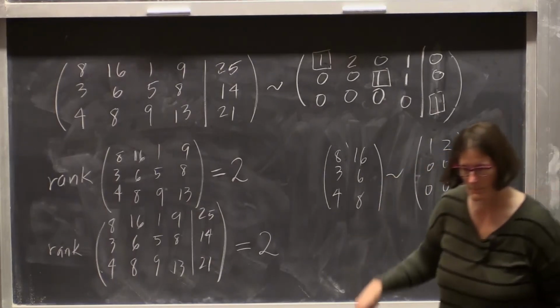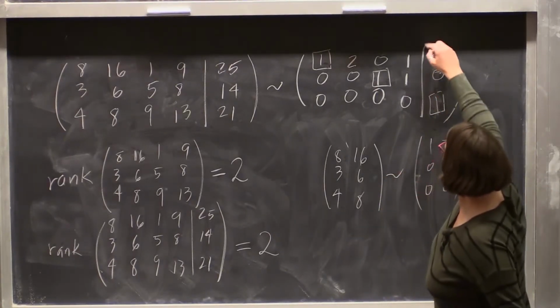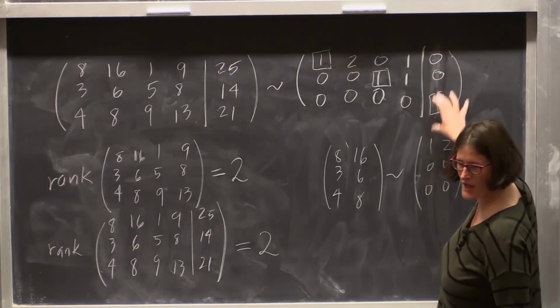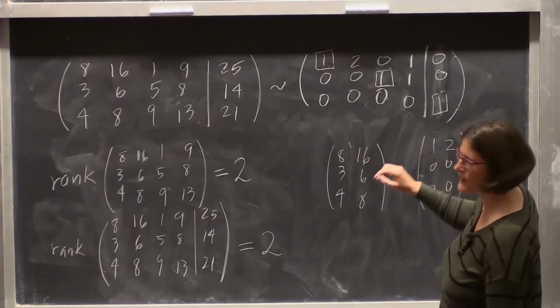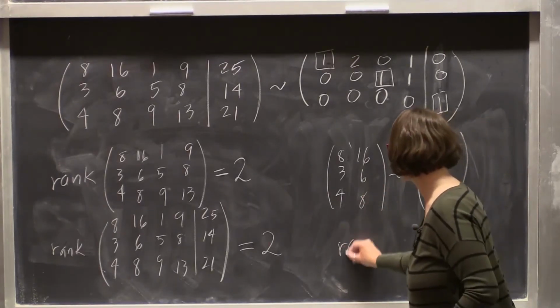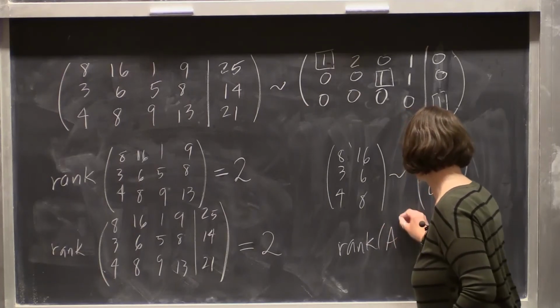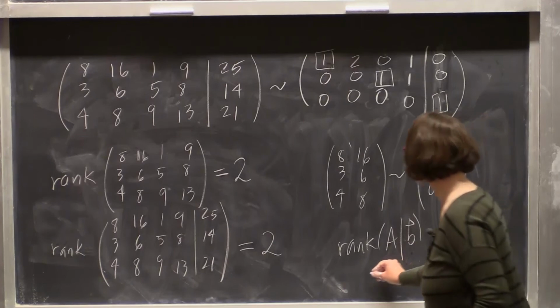And do we also take care about this side? This is the right-hand side of the equation, and you need to count it if you're asking about the rank of the augmented matrix. In this case, it's not.